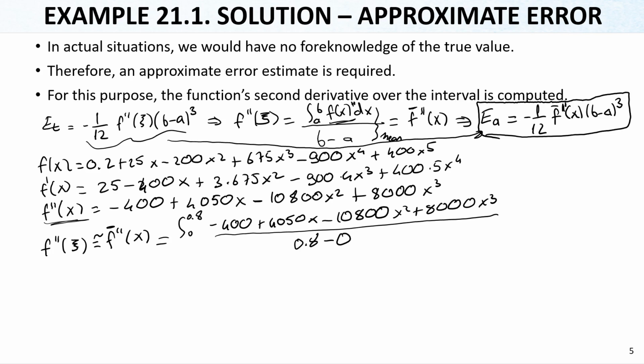So this is the integration at the top, and at the bottom it's just the denominator, 0.8 minus this here.